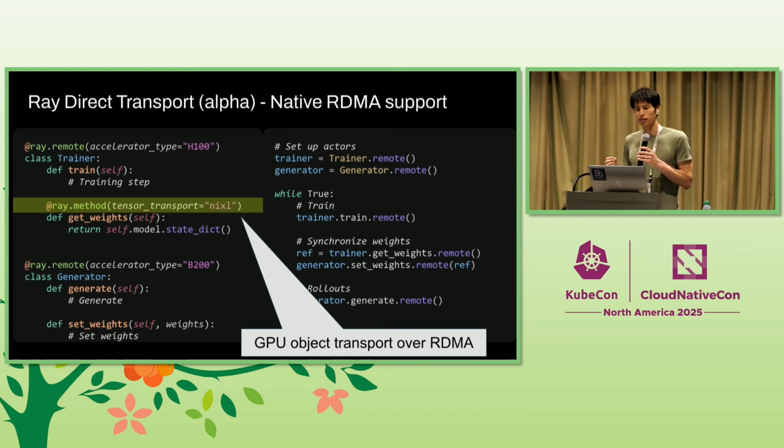If I think about a lot of other distributed systems, you have systems like Spark, which are designed for data processing, right? You have systems designed for model serving. You have systems designed for model training. Ray is really fairly unique in that it can run all of these different types of workloads. And that comes from having a low-level actor abstraction.